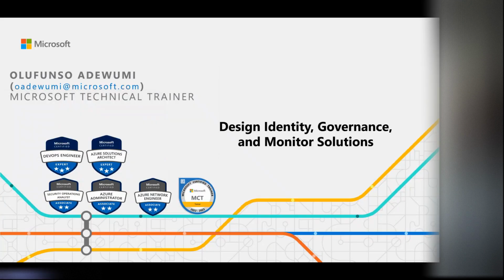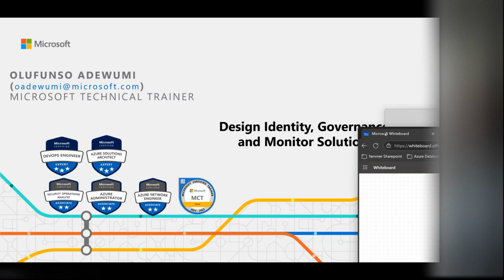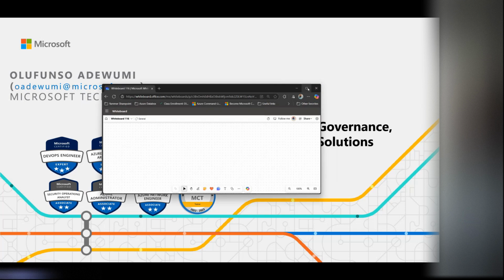Now I'm going to bring up my whiteboard. Since you have the material, there's really not so much to be doing on the PowerPoint slide, so I'm bringing up a whiteboard.